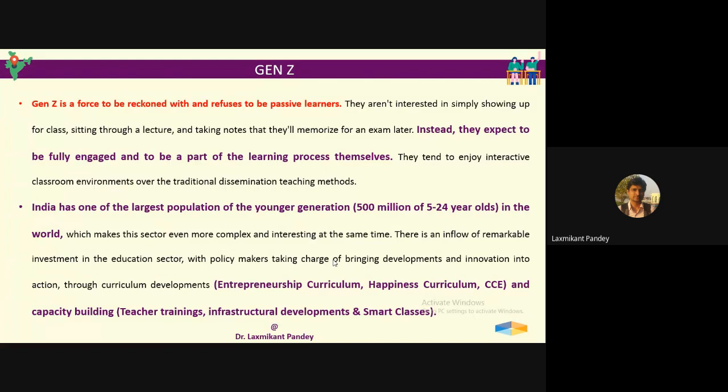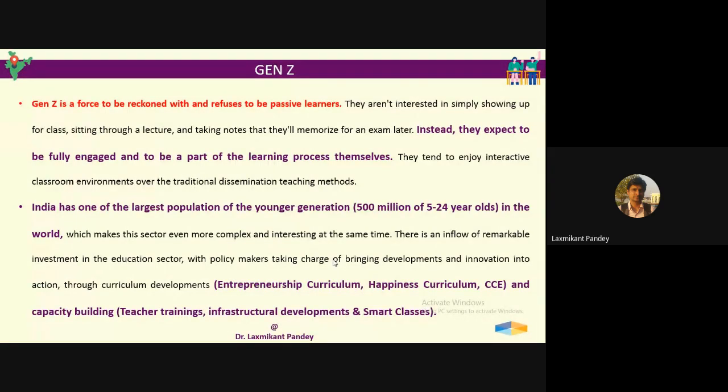Okay, so nowadays the students are not only passive learners. They are not only passive learners, but instead they expect to be fully engaged and to be part of the learning process themselves. As I told you, it is not like in older methods where teachers are giving information, giving knowledge to the students, and the students are passive learners.